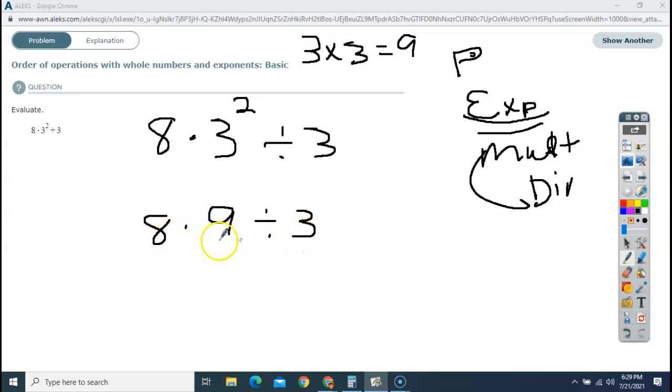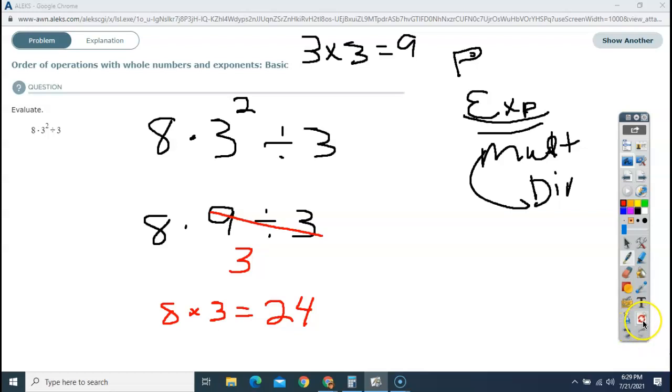Now, multiplication and division, it doesn't matter which one you do first. In this situation, since there's no other pluses or minuses, I'm going to go ahead and say 9 divided by 3 is 3, because that's easier to see. So then we have 8 times 3, which is 24.